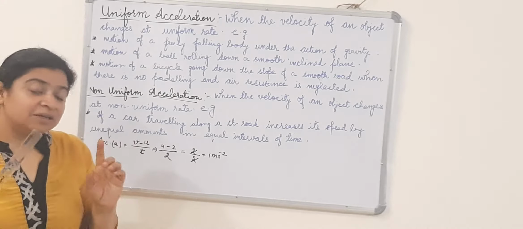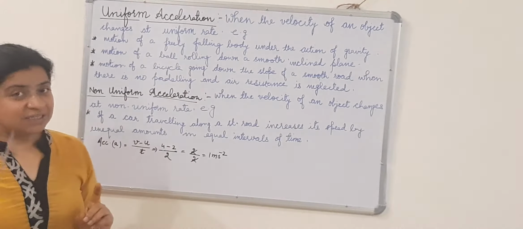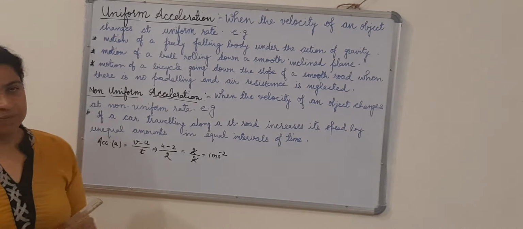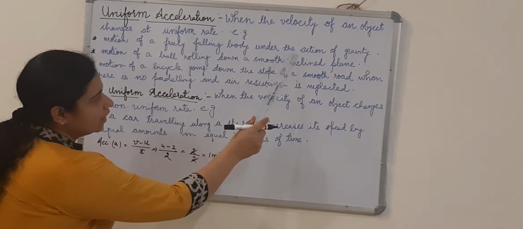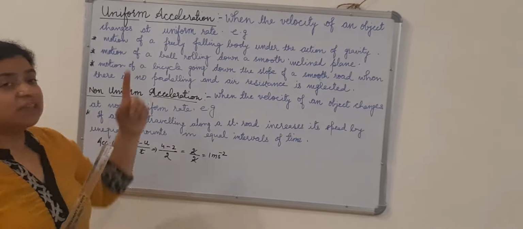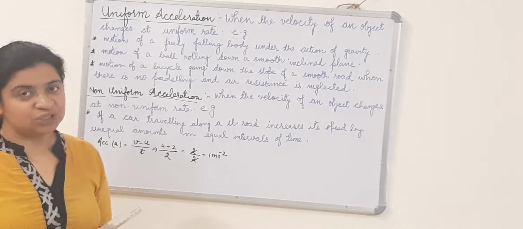This condition is possible when the object is in vacuum, under ideal conditions. Motion of a freely falling body under the action of gravity is possible only when the object is falling under the influence of Earth's gravitational force.